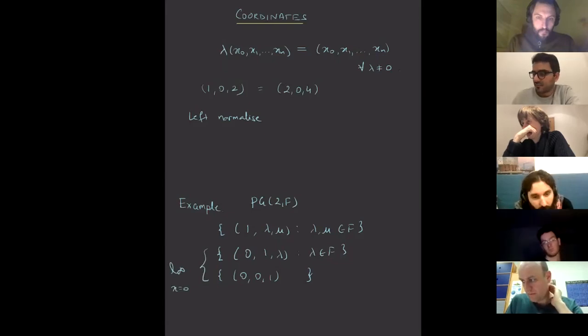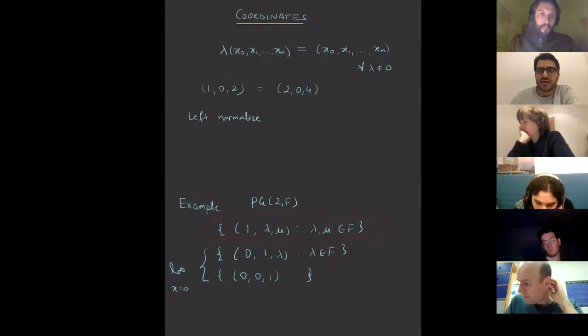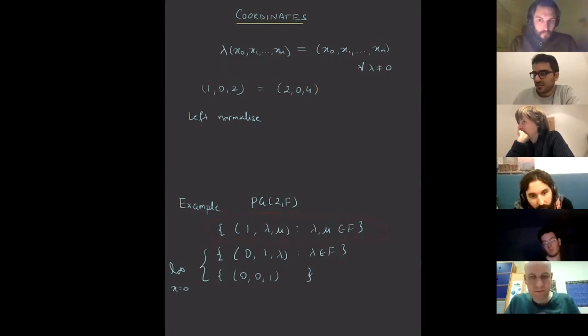So you can think of the first set of points as your affine points, your AG(2, F), right? Because you have (lambda, mu), and this one is fixed. And these could be seen as the points at infinity, right? So this is your line at infinity consisting of all of these points.